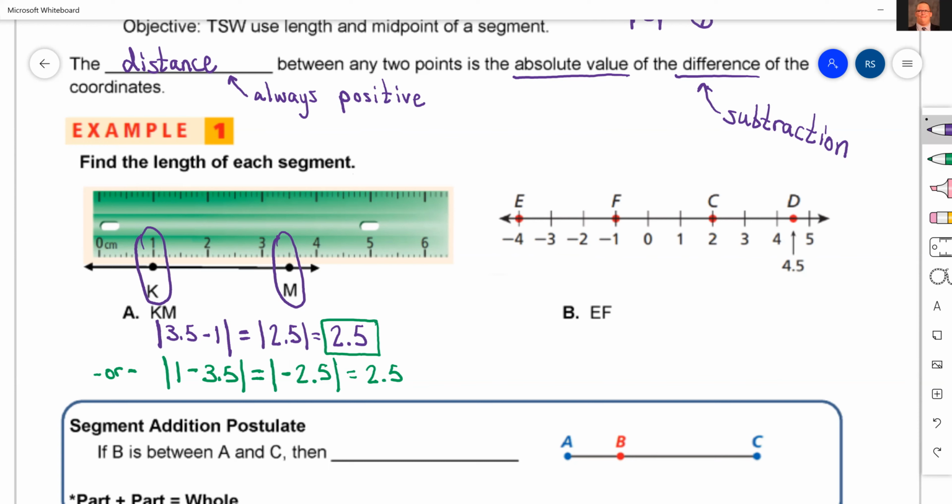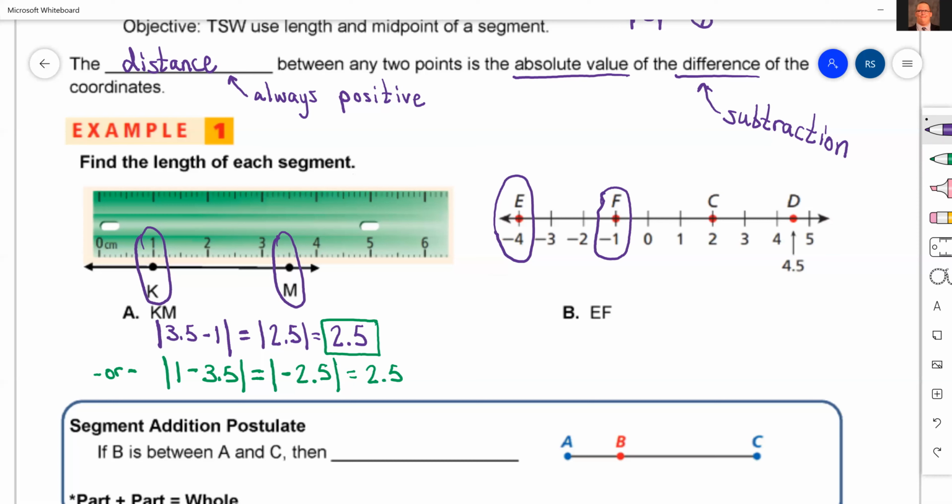Okay, let's look at B. They give us this number line and ask us to find the distance between E. So I'm going to circle E on my picture so I know where it's at. And F. Again, let's circle F so we know where F is at. How do I find the distance?